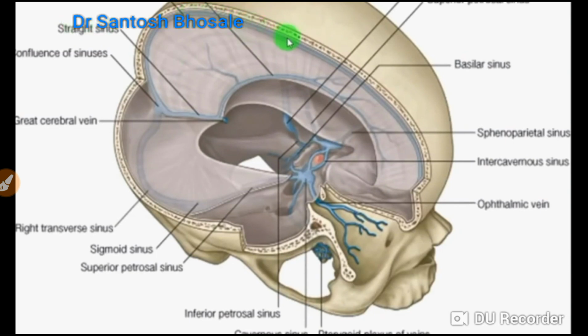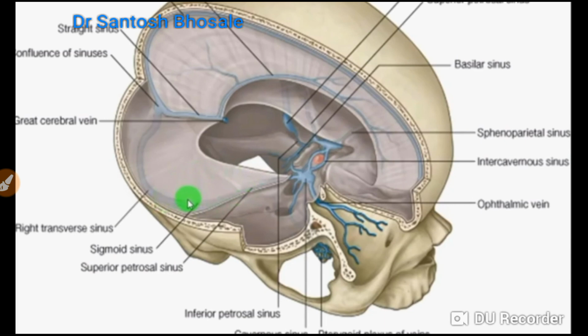And when you see the sagittal view of the cranial cavity with these dural folds intact, along the convex attached margin of the falx cerebri, you will see superior sagittal sinus, and along the free inferior margin you will see inferior sagittal sinus, and where both the folds meet, that is falx cerebri with the tentorium cerebelli, you are seeing straight sinus.